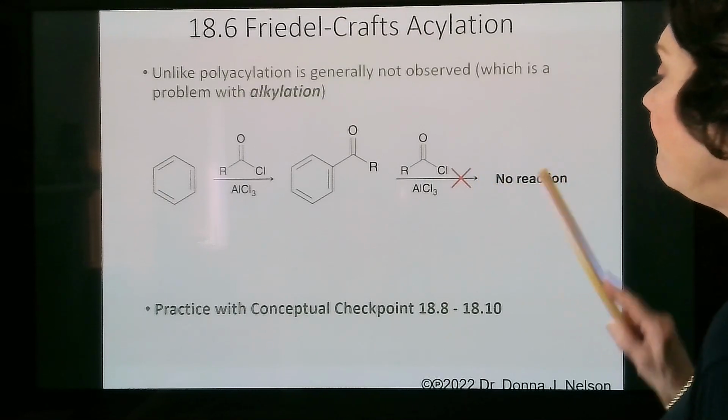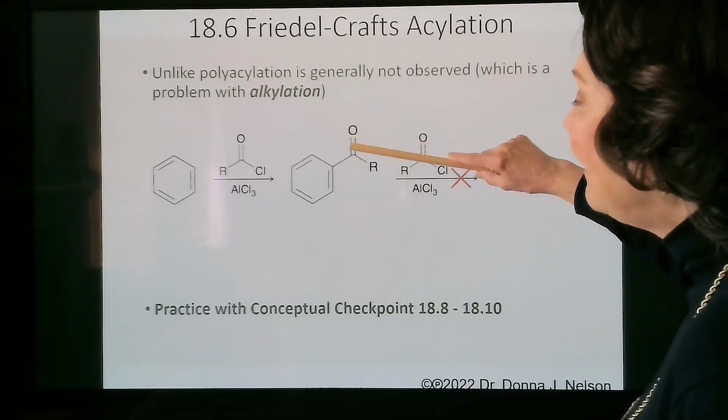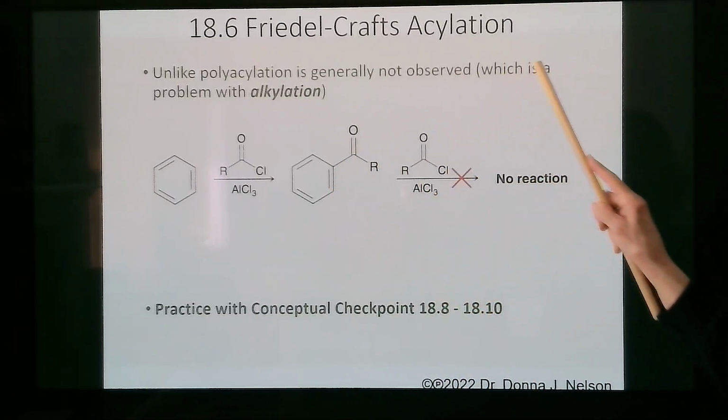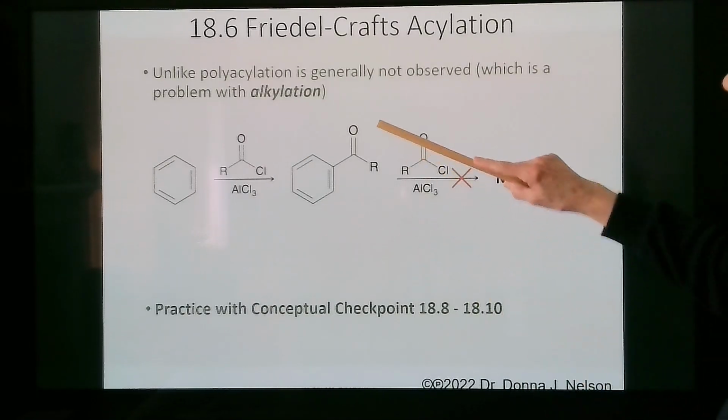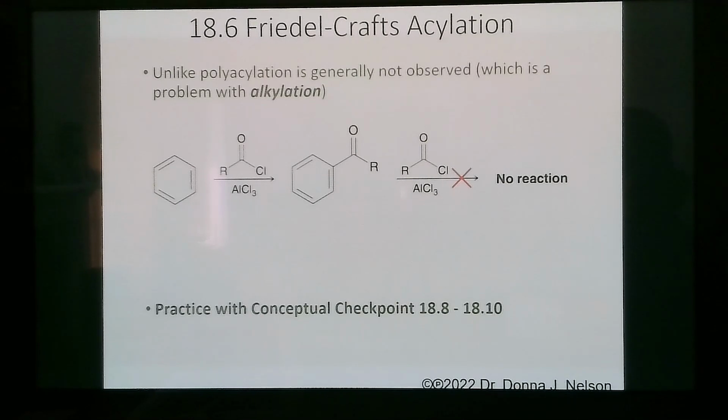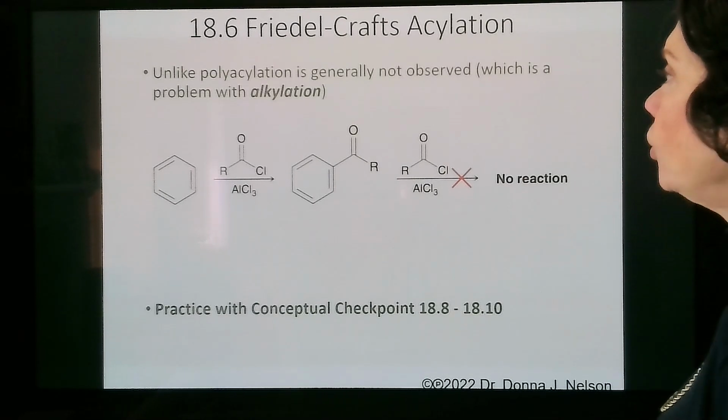You don't see further reactions because the acyl group is a deactivating group. Alkyl groups will activate the ring towards a second substitution. Acyl groups will deactivate the ring towards a second substitution. So you don't have to worry about that here. It's not a complication.